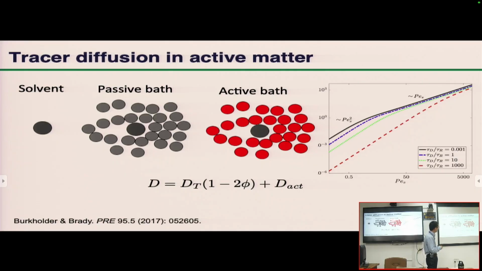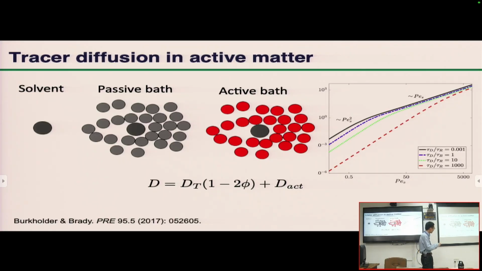So if you're actually in the dilute limit, if the size of the tracer and the particle are identical, you can calculate that. And the effective diffusivity you get in a passive bath is D_T times this bracket, 1 minus 2 phi. Phi is the volume fraction of the bath particles.